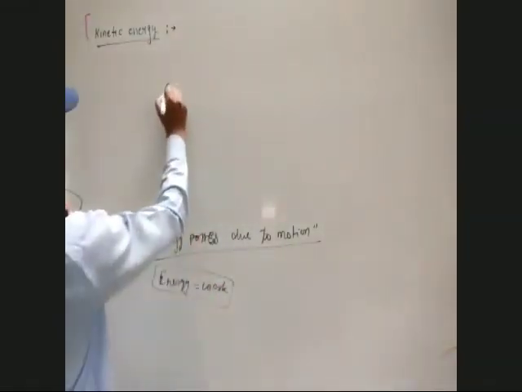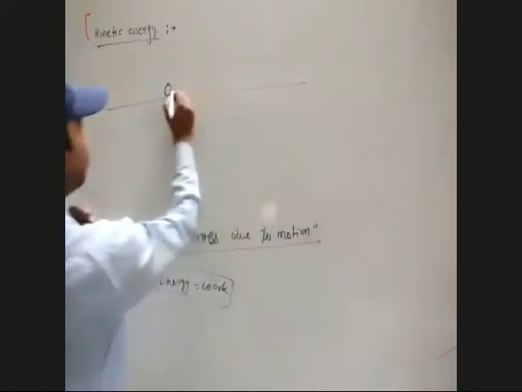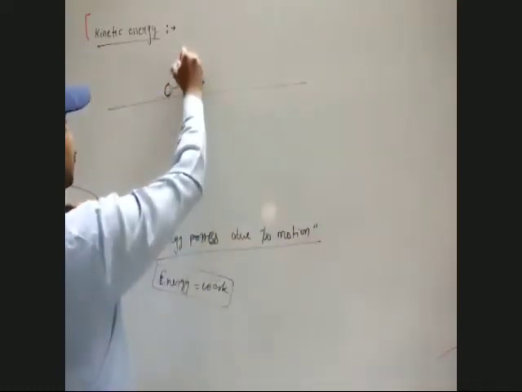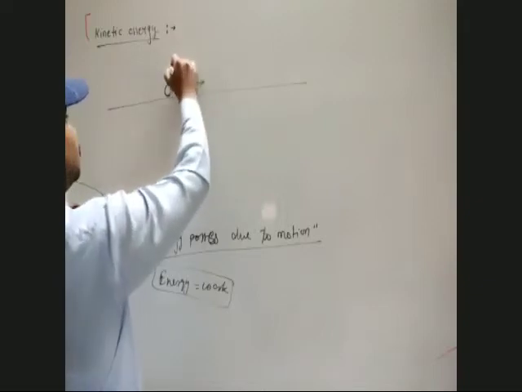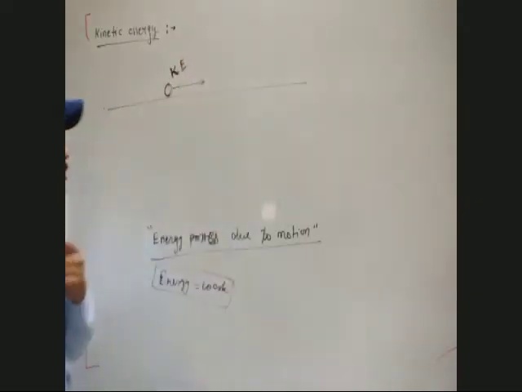Suppose an object is in motion. That means it has kinetic energy, but from where is the energy coming into this body? Now listen very carefully.